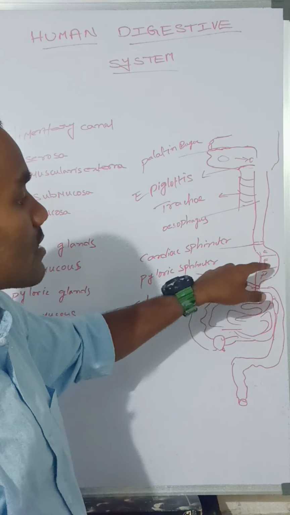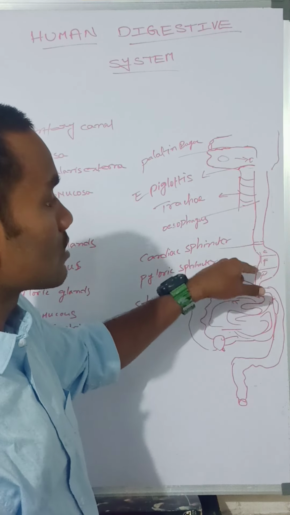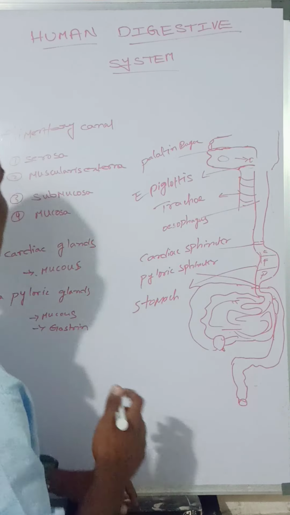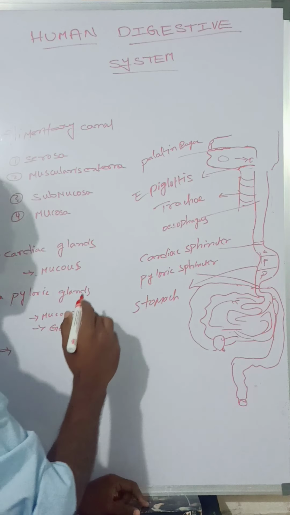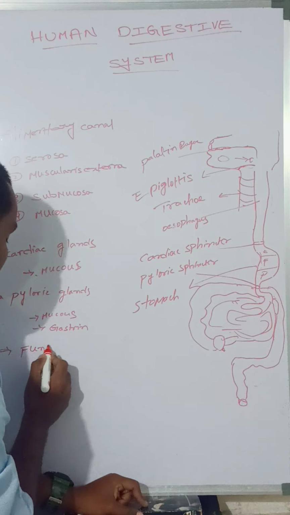This gastrin stimulates all the glands present inside the stomach. Then the fundic region: the glands present in the fundic region are called fundic glands.